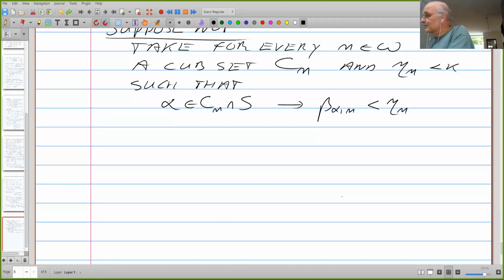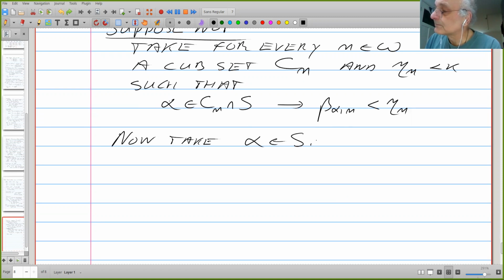How does that help us? Well, we have countably many club sets. We have an uncountable regular cardinal. We can take an alpha that belongs to the intersection of all the Cn's, and of course it belongs to S. Then we get a problem.